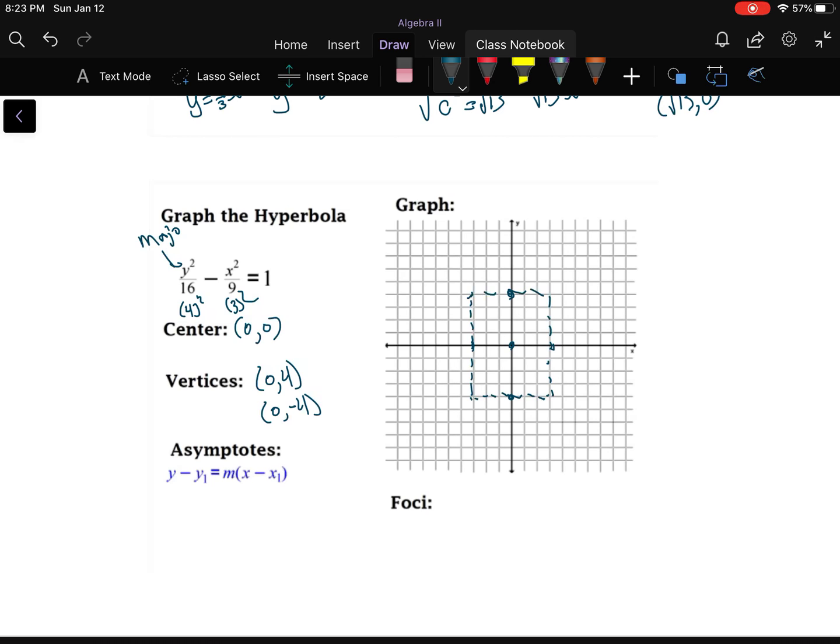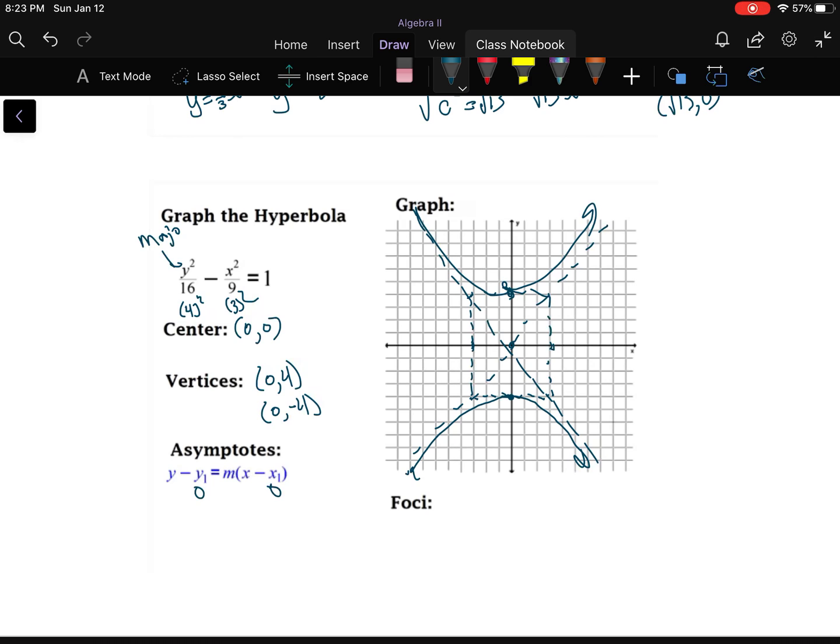It's only going to touch the vertices. And then those diagonals are my asymptotes. And there's my one part of my hyperbola going up. And there's the second. So the asymptotes kind of decide how wide or narrow it is.